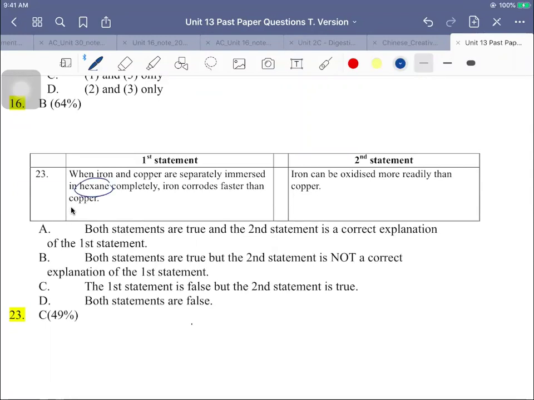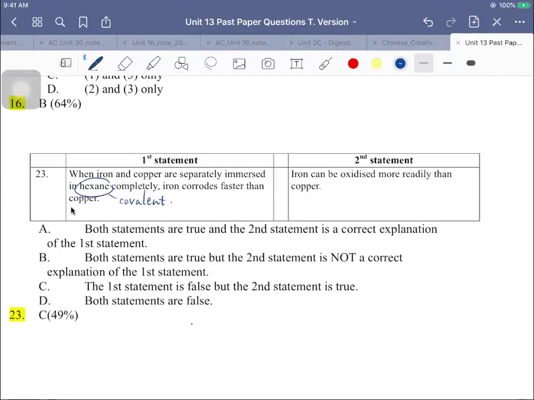Hexane is an organic substance, so it is also a covalent compound. When it's immersed in hexane completely, it would not be able to get into contact with water, so none of these two metals would corrode. Hence we would not say iron corrodes faster than copper. So statement 1 is false.